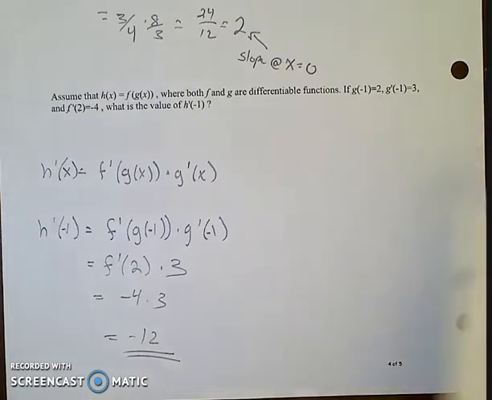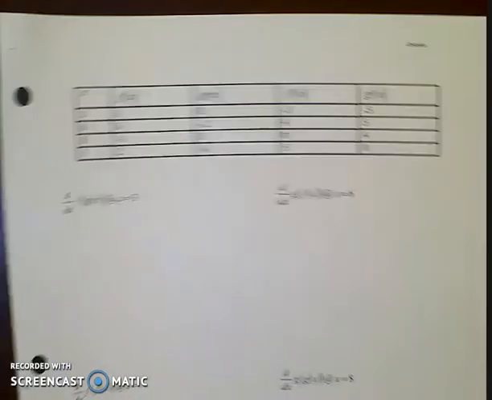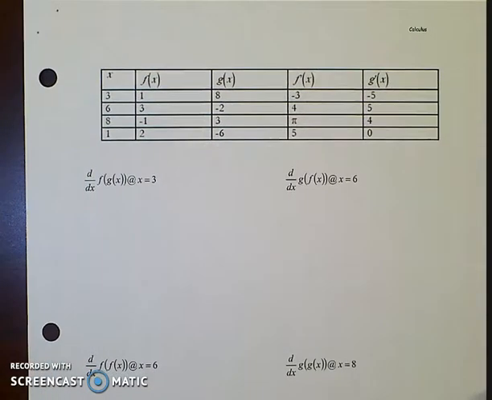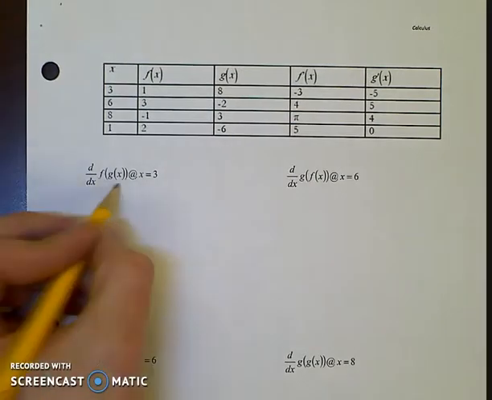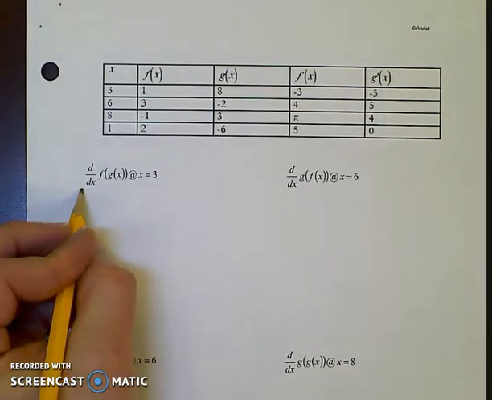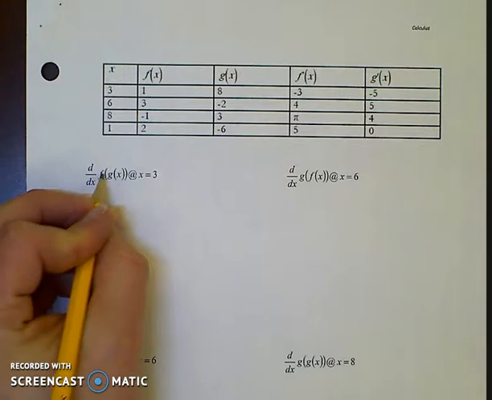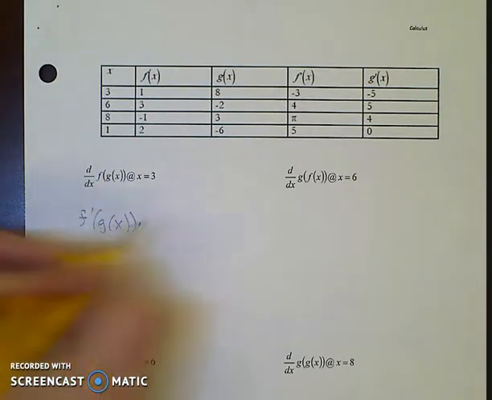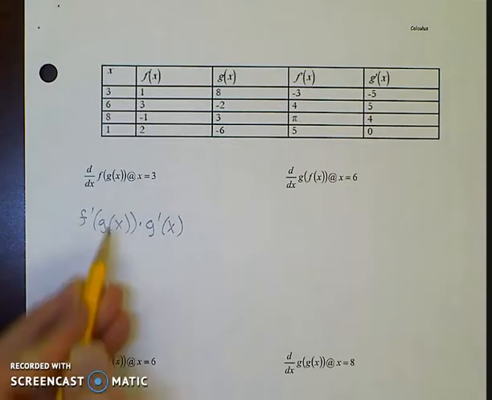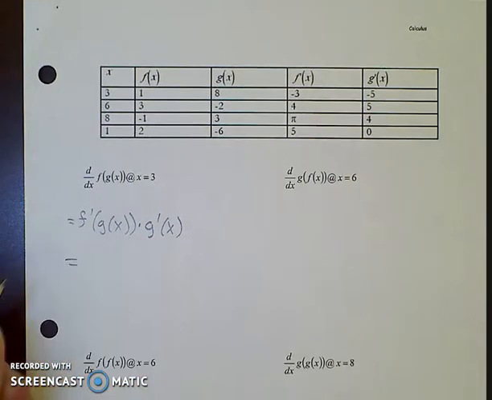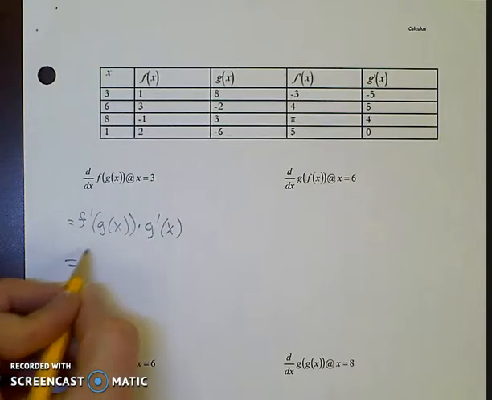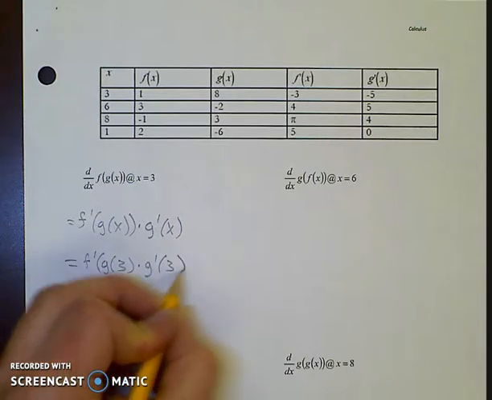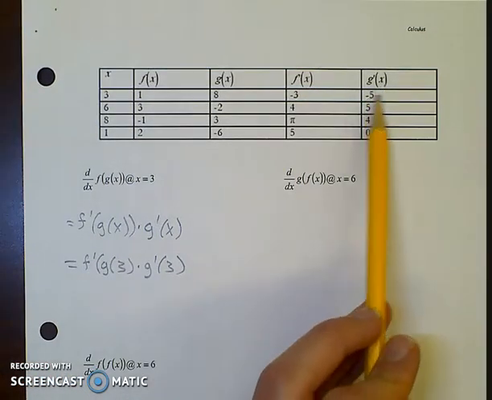And so the final portion of the notes, one of my favorite things is using the table. Here, I'm not going to do all of these, but find the derivative. D over dx is finding the derivative. So, take the derivative of the outside, f prime, keep the inside the same, multiplied by g prime of x, derivative of the inside. And so we want to know at 3, so f prime of g of 3 times g prime of 3. We go here, g prime of 3 is negative 5.